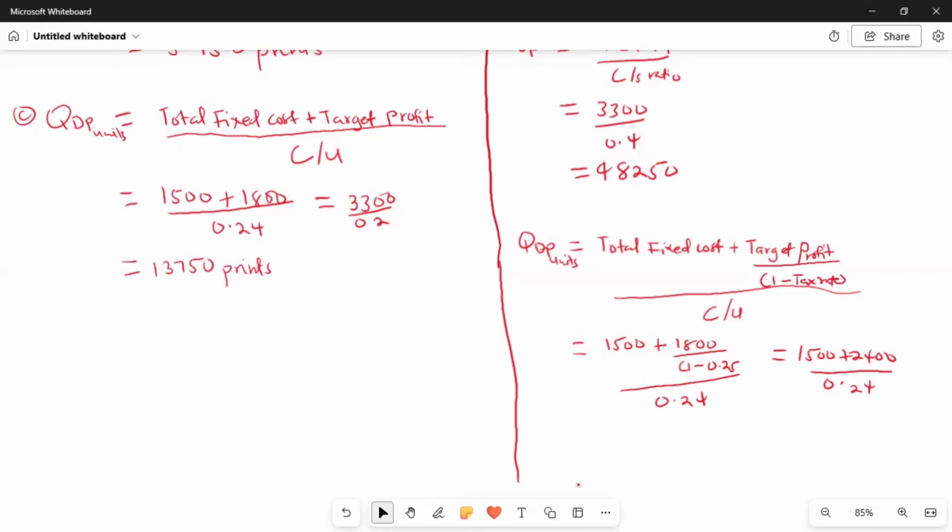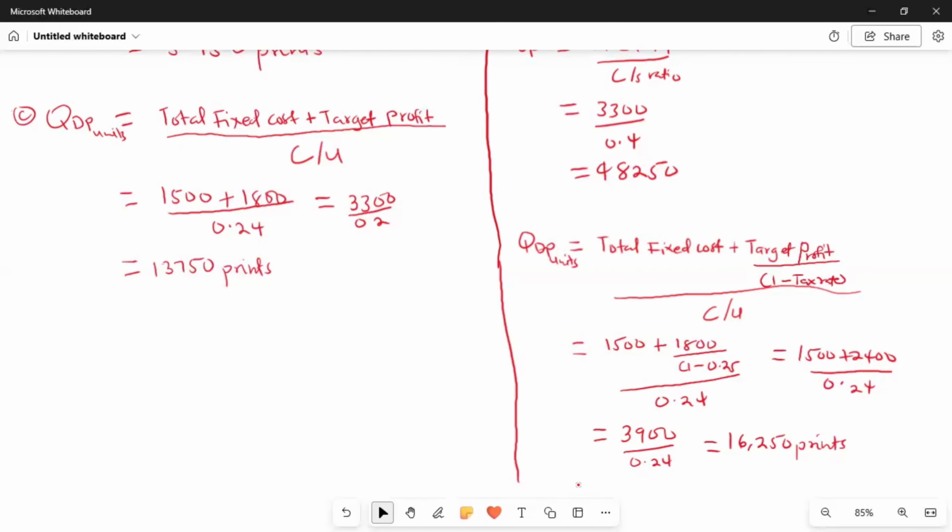So we have 1,500 plus 2,400 divided by 0.2, which will give us 16,250. So if we want to get a target profit of 1,800 after tax, then it means we have to sell 16,250 prints.